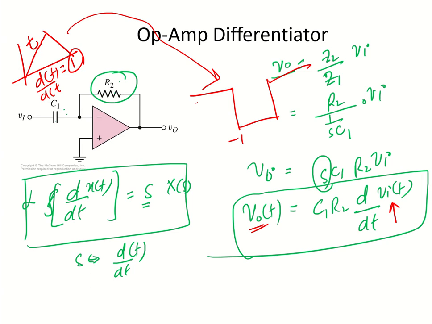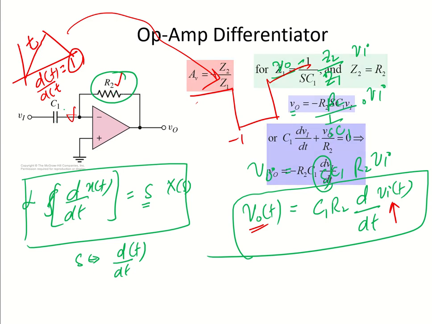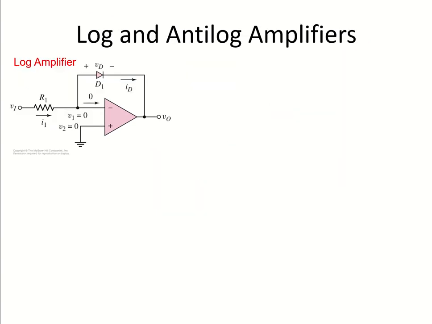So far we have designed the circuits using lumped components like resistors, capacitors and other things. If we use a non-linear component in the circuit, for example a diode, then we can actually design the logarithmic operation using an amplifier.